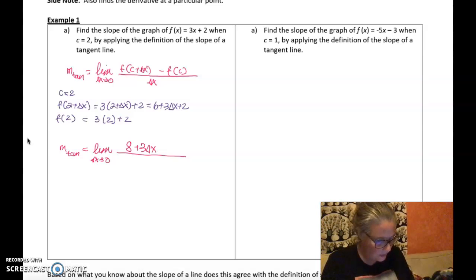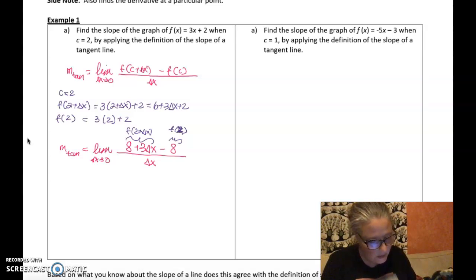And then for this one, 6 plus 2 is also 8, so that's minus 8, over delta x. So to clarify, this part here is f of 2 plus delta x, and this part here is f of 2.